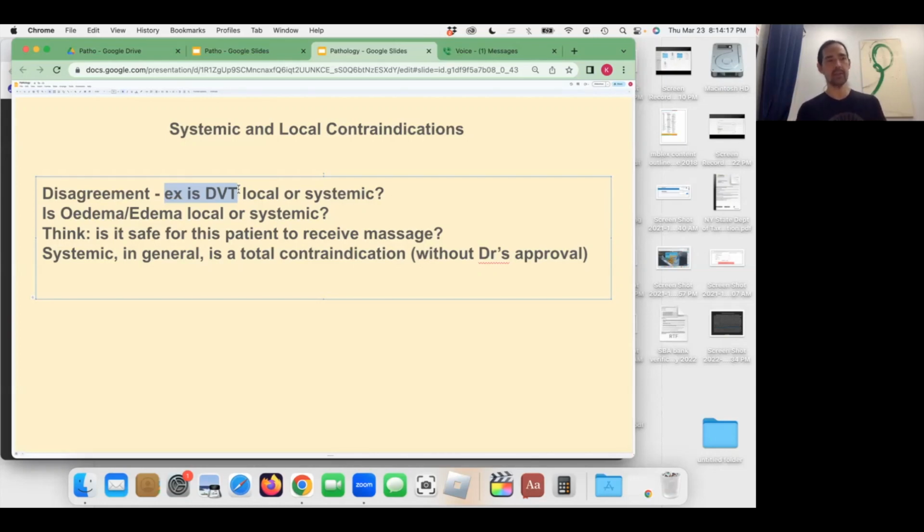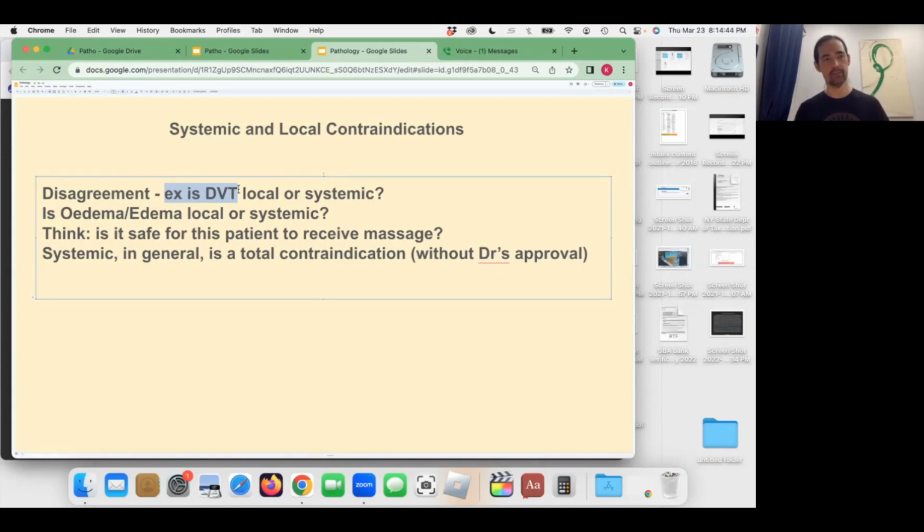And that is an emergency or a life-threatening situation. So you have to weigh things like, could we have a systemic effect? Could we do more harm by working on the person's back or neck or shoulders if they have a DVT? I'd say the chances are pretty good that you won't do harm, but it's possible. So always err on the side of caution.